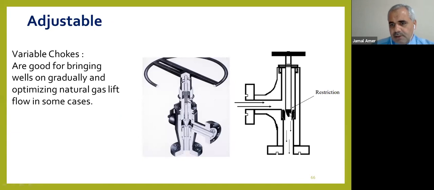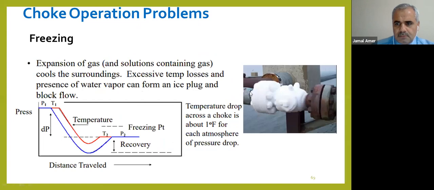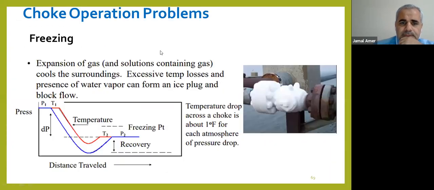Adjustable: as we see from this handle, we can adjust the choke opening quickly without shutdown of the well. We also have different types of choke, which we talk about in detail in our course.